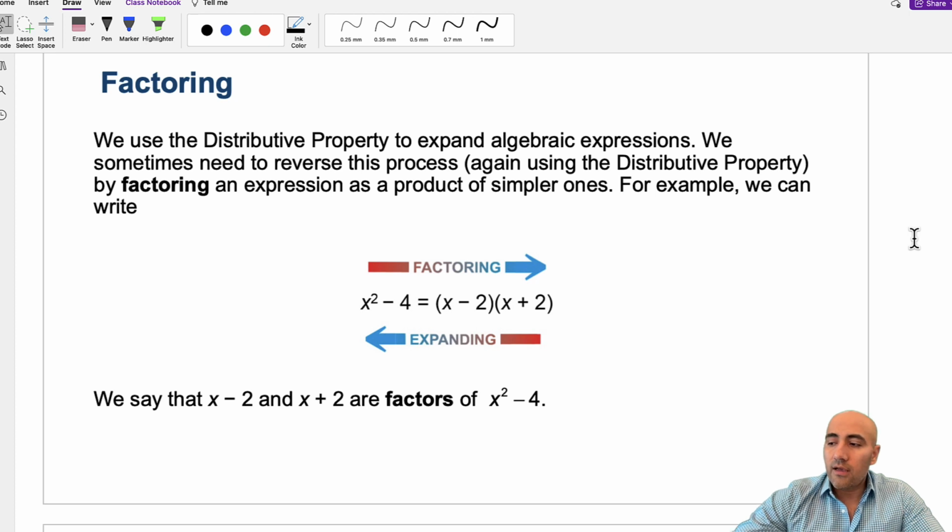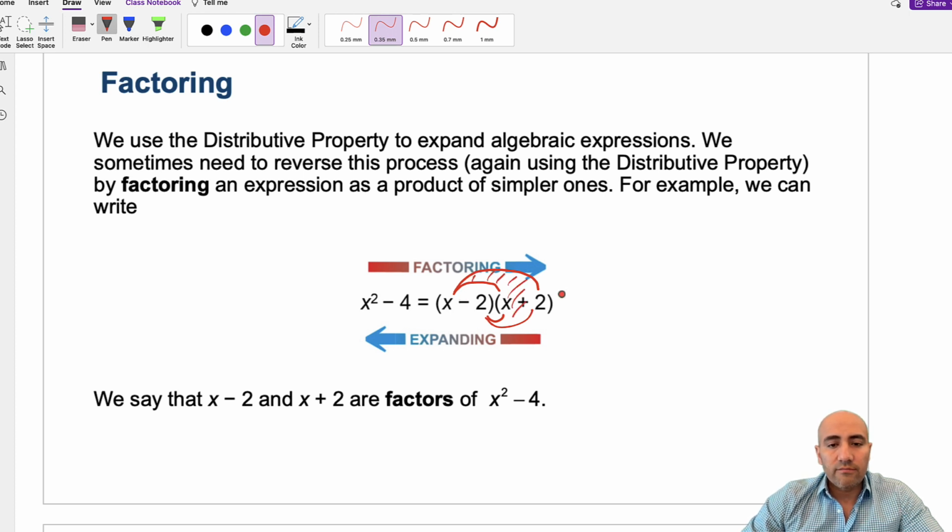So, for example, in the previous section, we learned how to multiply. So we could do, say, the FOIL method on something like this, right? So we can multiply this times this, this one times that one, this one times this one, that one times that one. We FOIL it out, F-O-I-L, and reduce. And then finally we get to this, right? So in the previous section, we multiplied in this direction.